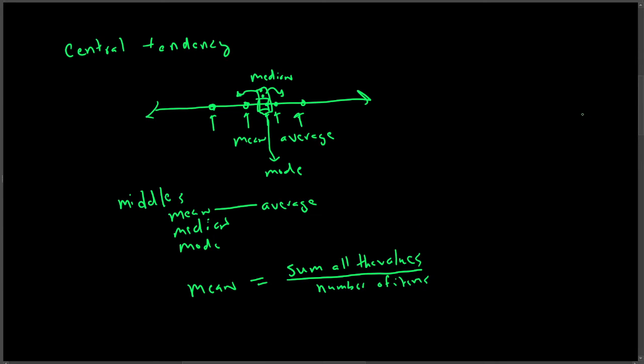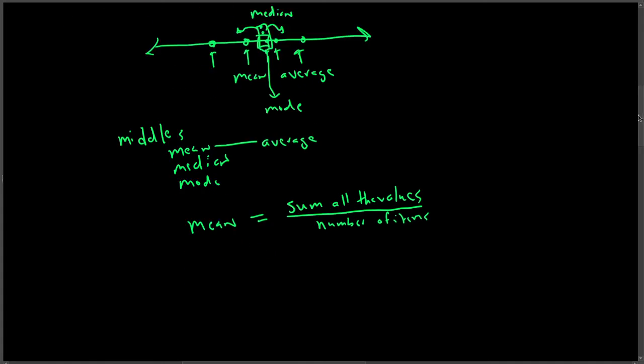So, for example, test scores are a common one. People worry about their test scores. So if we had test scores of an 87, a 75, a 96, a 91, and a 78.